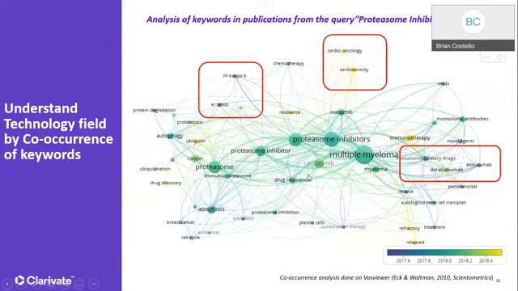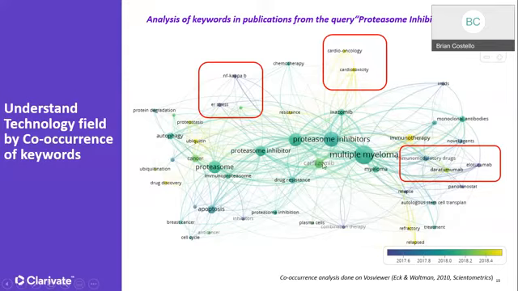So even without reading any of the abstracts or analyzing the publications in detail, by doing this kind of co-occurrence analysis, I can understand very easily that one of the toxicities associated with this particular drug is cardiotoxicity.